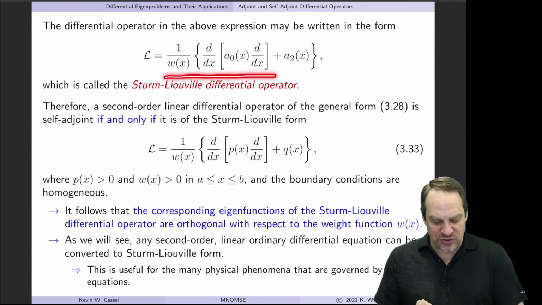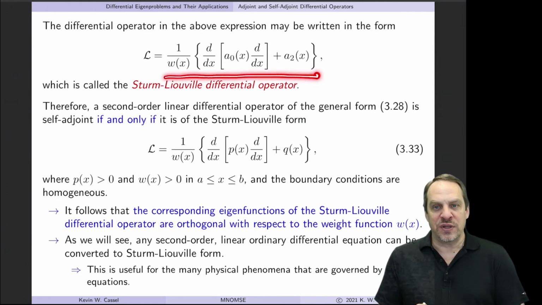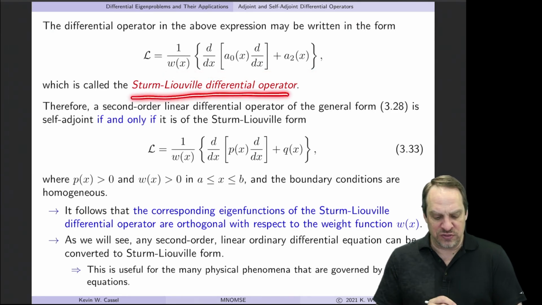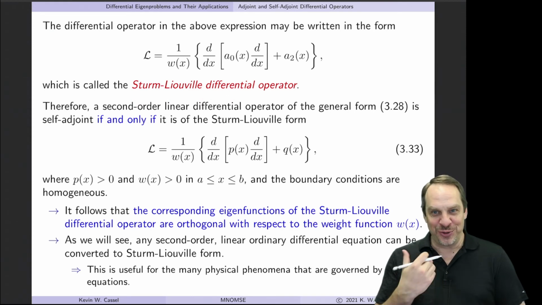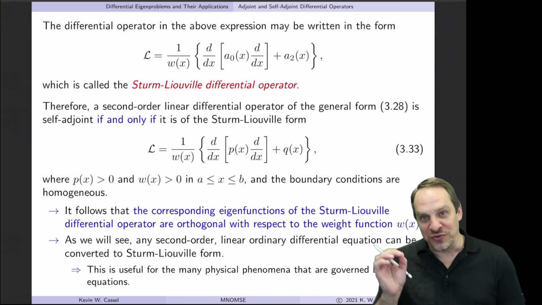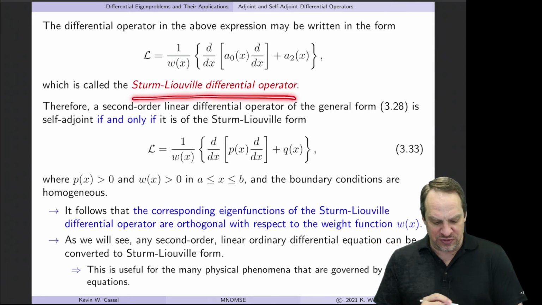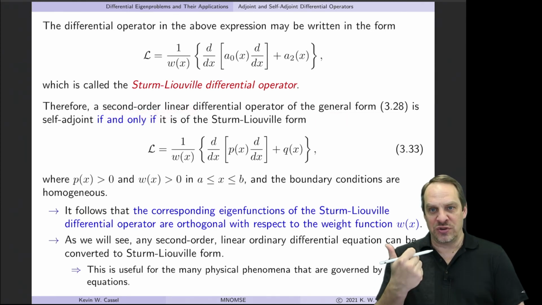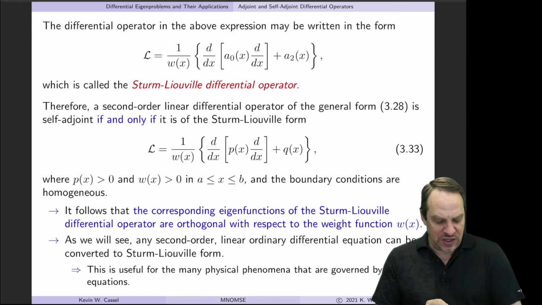If the original differential operator can be written in this form, then it is a self-adjoint operator, and we call that a Sturm-Liouville differential operator. Now, this is not Louisville, it's not the town in Kentucky. It's a smart French guy's name, so it's probably Liouville. So, Sturm-Liouville differential operator. A second-order linear differential operator of that general form that we had, remember, second-order linear with variable coefficients, is self-adjoint if and only if it is of this Sturm-Liouville form, which is written here again.